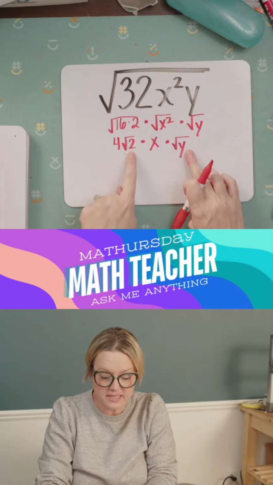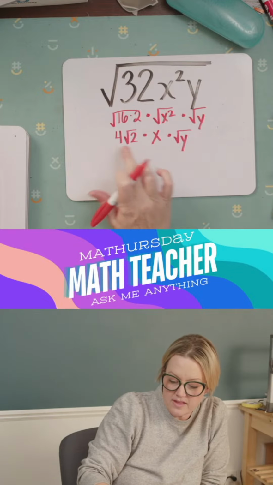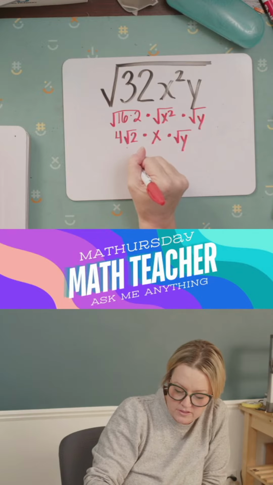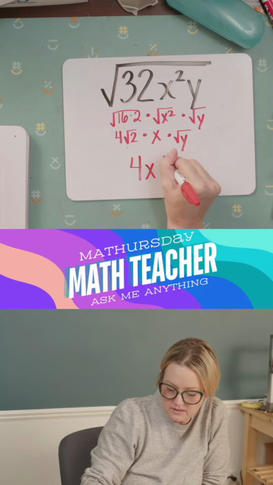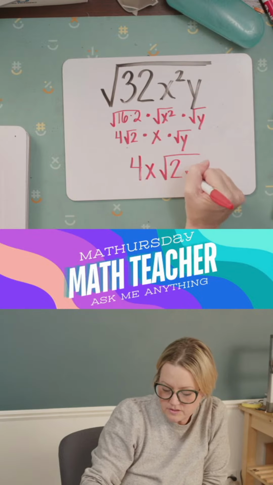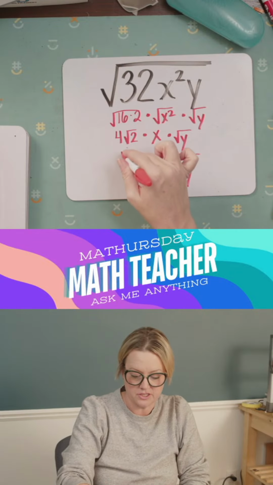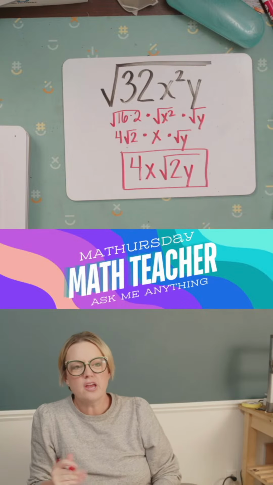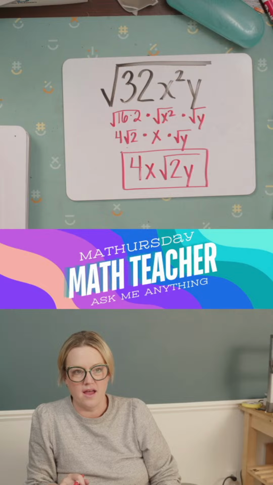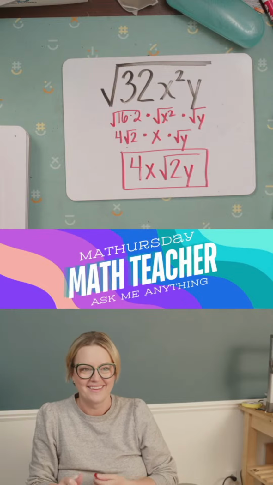I can put everything that's under a radical sign underneath the same radical sign, and anything that's being multiplied goes out first. So this would become 4x root 2y, because the 2 can't come out and the y can't come out. So that's how you would simplify this if you have exponents and variables underneath.